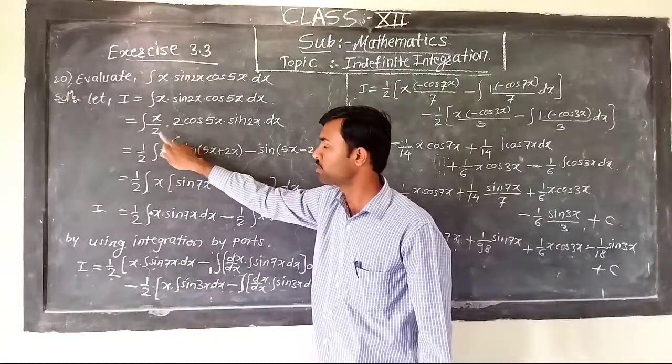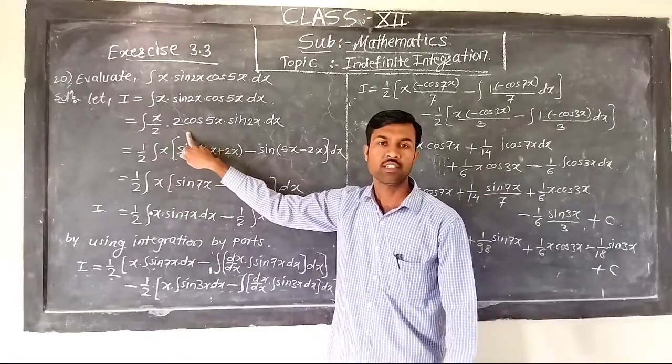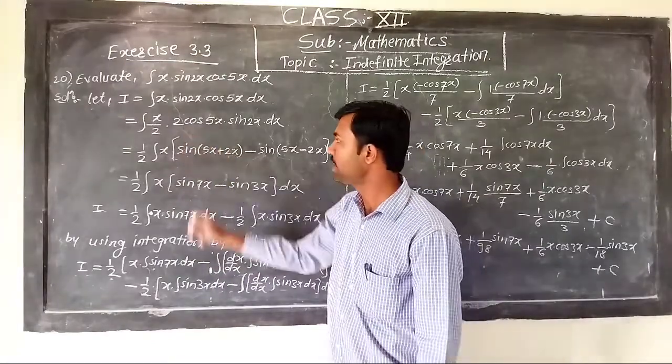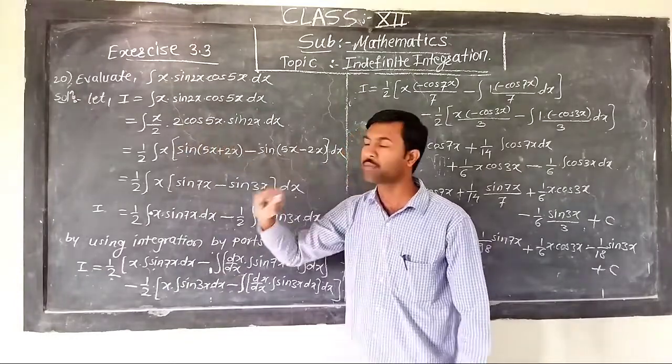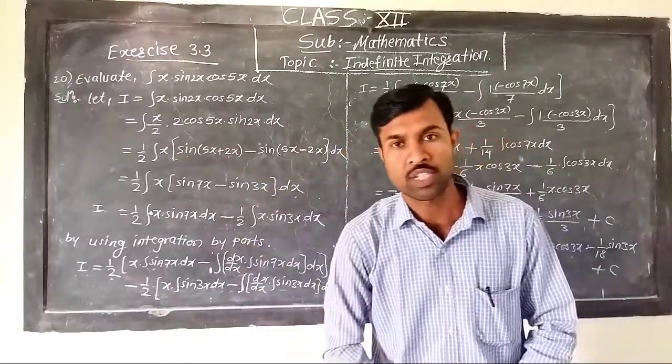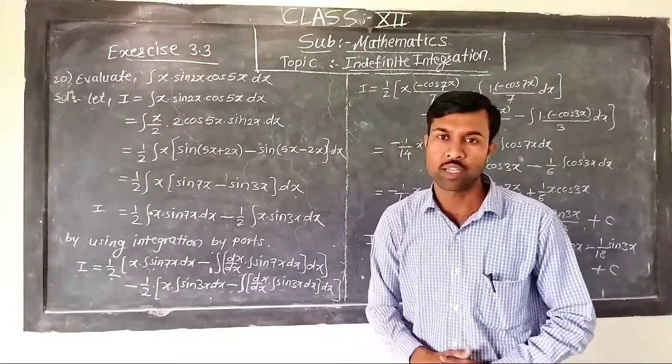So this 2 is balanced. Now after making this adjustment, this term is 2 into cos A into sin B. We have a formula for that: 2 cos A into sin B is sin of A plus B minus sin of A minus B.